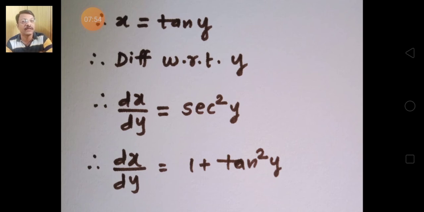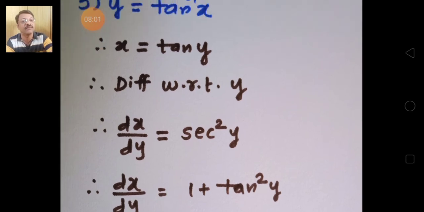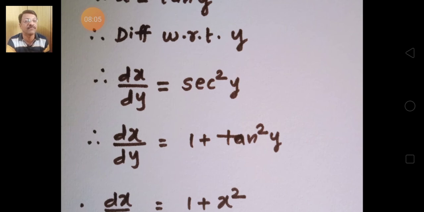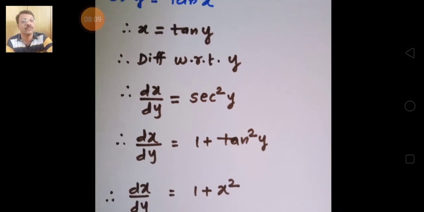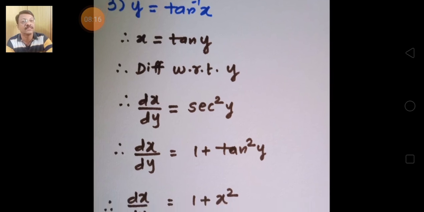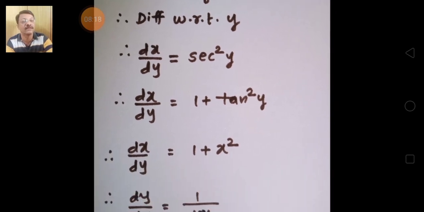Now you have to write sec square y in terms of tan y, because you have to write dx by dy in terms of x, and x is tan y. So write this sec square y as 1 plus tan square y, which is 1 plus x square, because x is tan y.